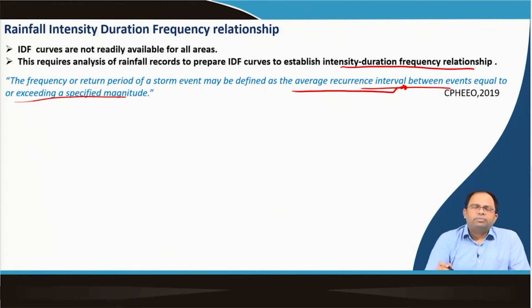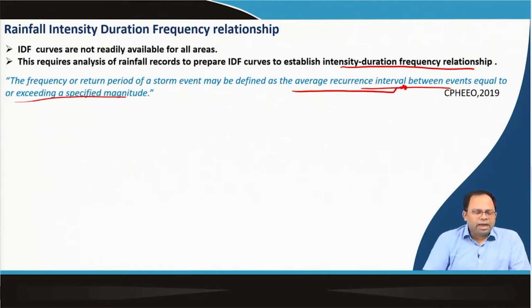That means the return period determines the maximum possible intensity in that period. Within that time period, that is the maximum that has been observed. Any intensity above that has not been observed within that time period.